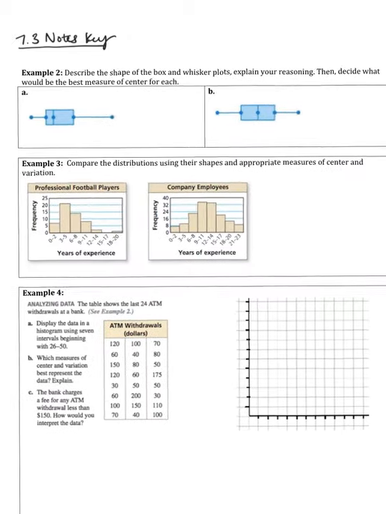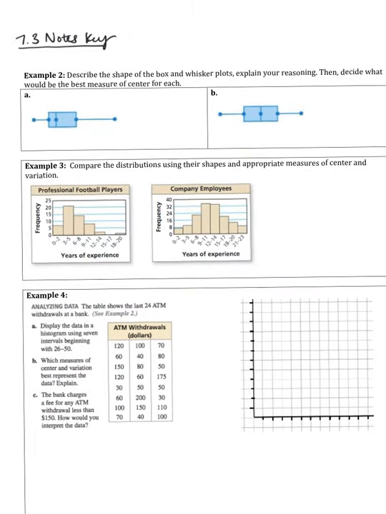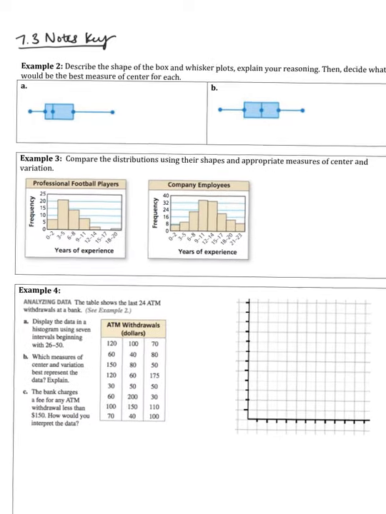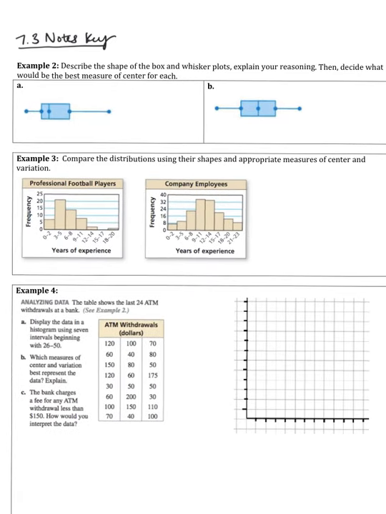Example 2 says, describe the shape of the box and whiskers plot and explain your reasoning. Decide what measure of center would be best for each. Well, remember that skew is where the tail trails. So since we have a tail extending to the right in this box and whisker plot, we would say this graph is skewed right.